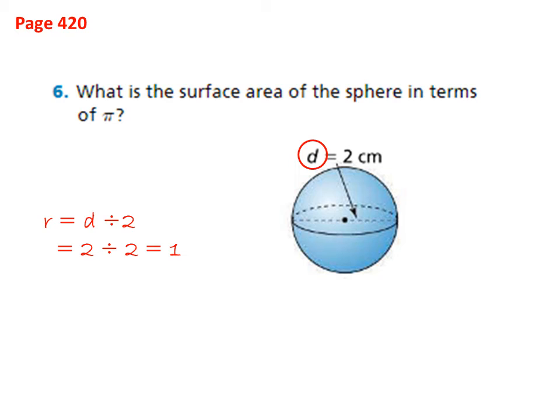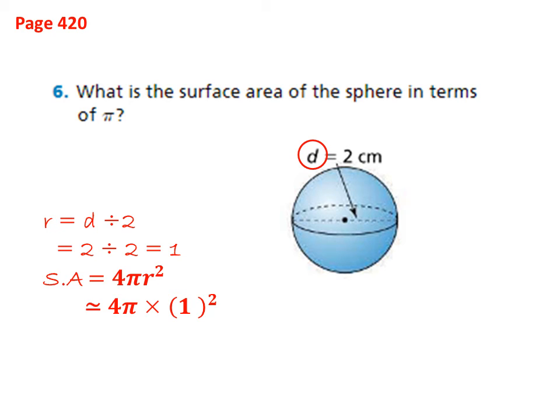Now write the formula to find the surface area of the sphere. Of course, the surface area of a sphere equals 4 pi r squared. 4 stayed the same. Pi stayed the same because the question says find the surface area of the sphere in terms of pi.